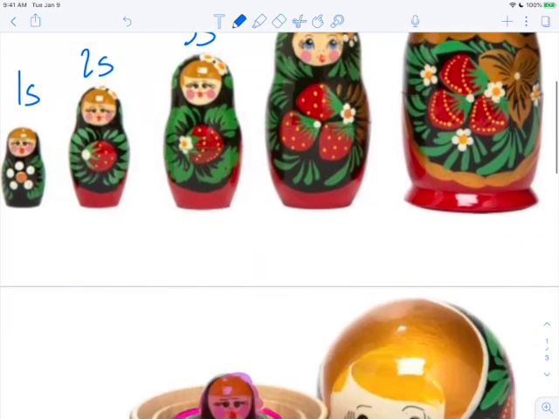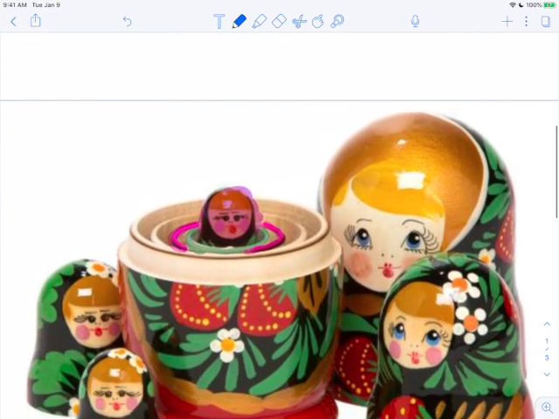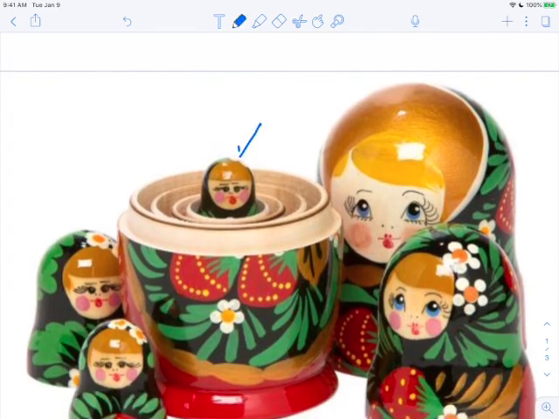So if they were sitting together and you were to cut them open, this would be your 1s. Here is your 2s, your 3s, and so on. So the 1s is the core, the 2s just fits around it, the 3s around that one, and so on.